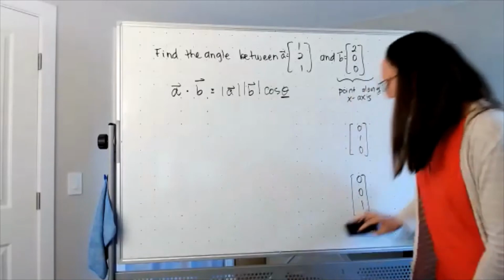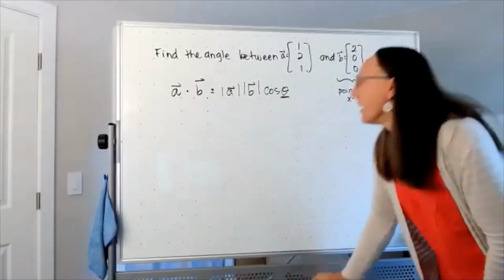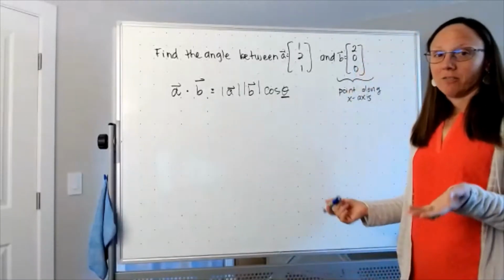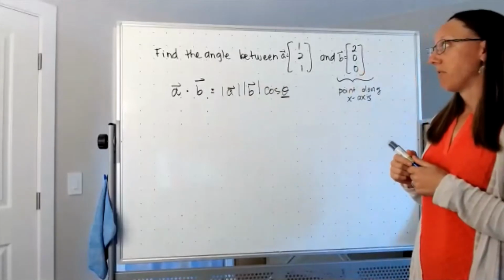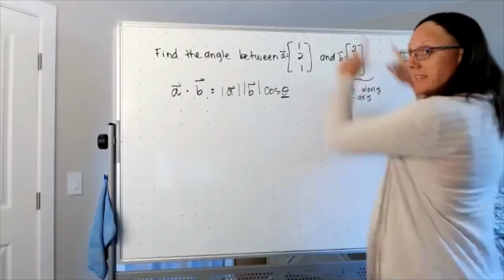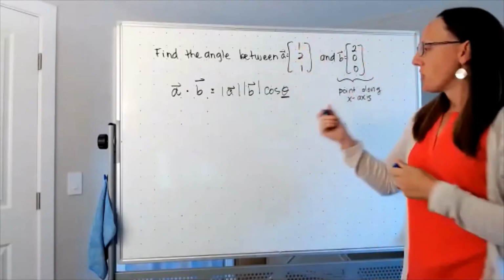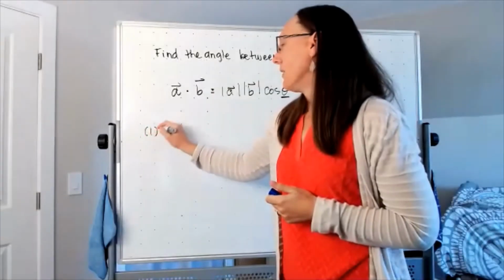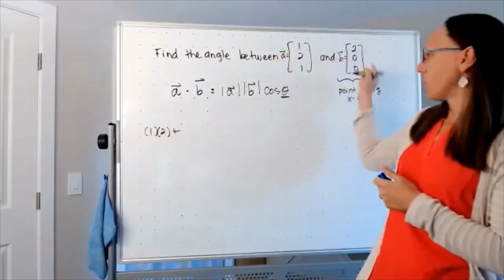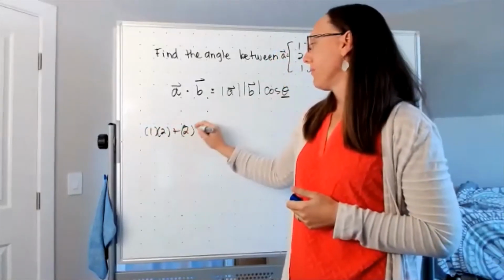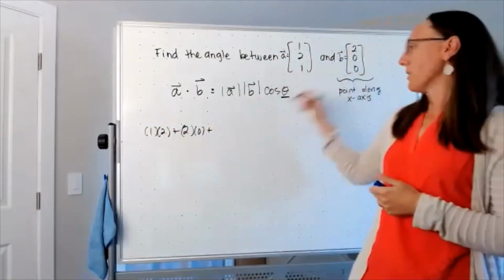Back to my question. To find this angle, I'm going to do the dot product on the left-hand side by taking my component-wise multiplication: 1 times 2 plus 2 times 0 plus 1 times 0.